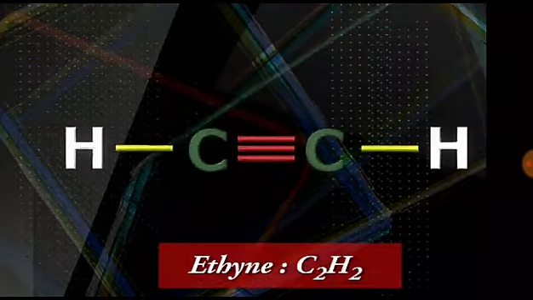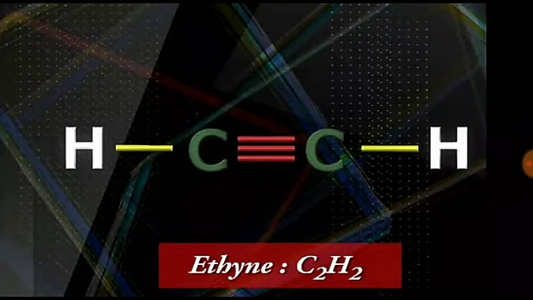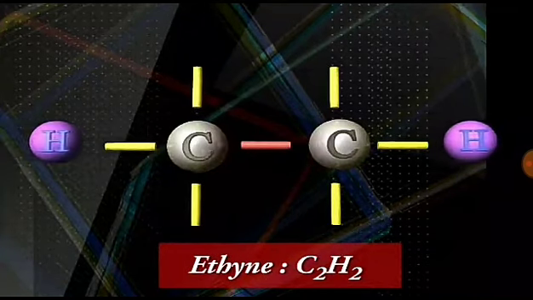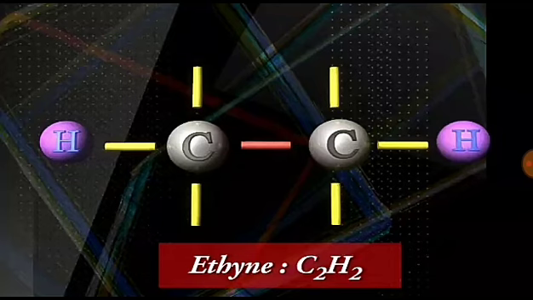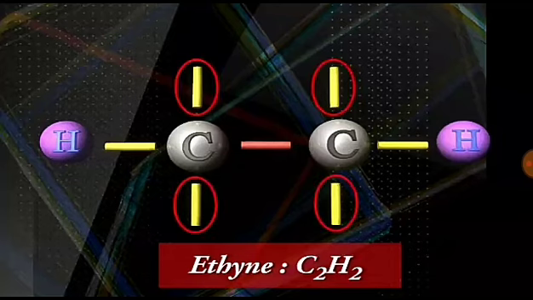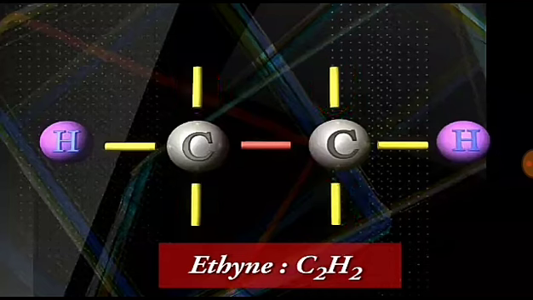Similarly, in order to arrive at the structure of ethyne, C2H2, the first step is to link 2 carbon atoms with a single bond. Each carbon gets 1 hydrogen and 2 valencies per carbon atom remain unsatisfied.